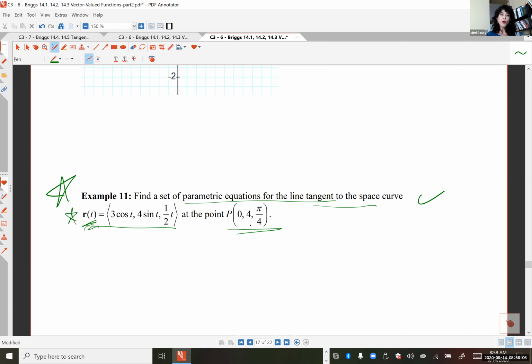But before I even do it, I want to remind you that this is basically a Calc 1 problem in 3D. So let's do a quick review of what this problem has to do with that's similar to Calc 1.